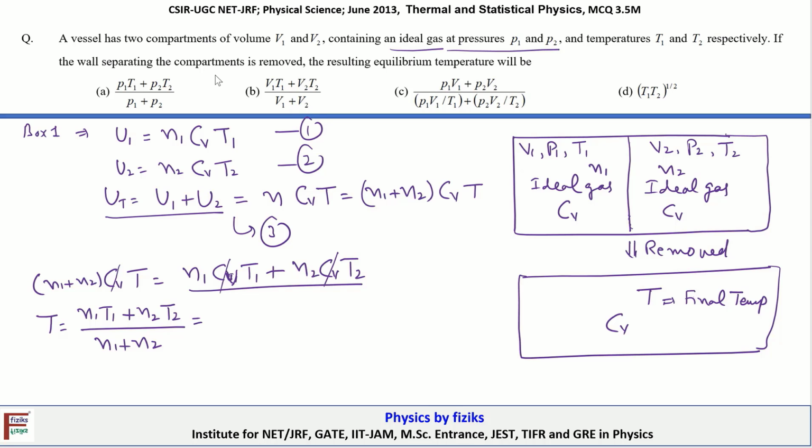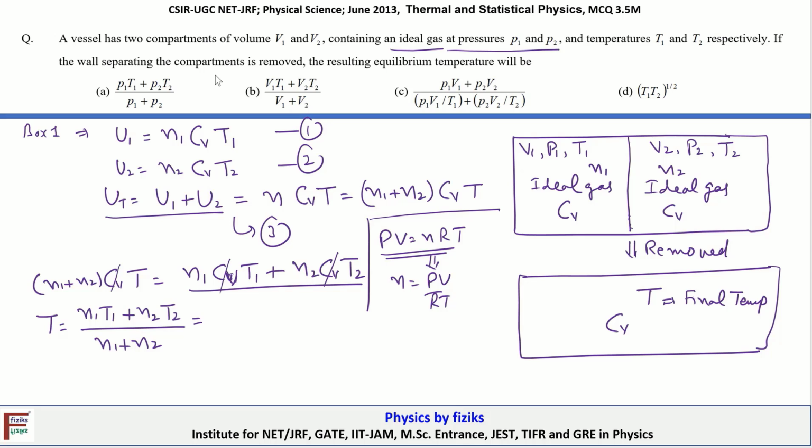Now we will make use of the fact that for an ideal gas PV is equal to nRT. Because it's an ideal gas, this is bound to satisfy this equation. So I can replace n: from here n will be equal to PV upon RT.